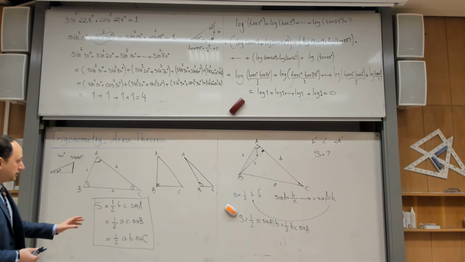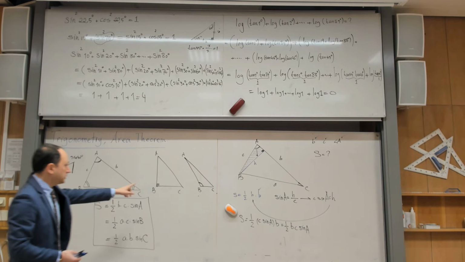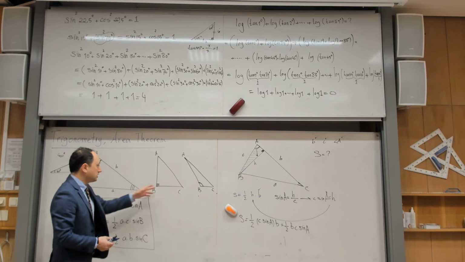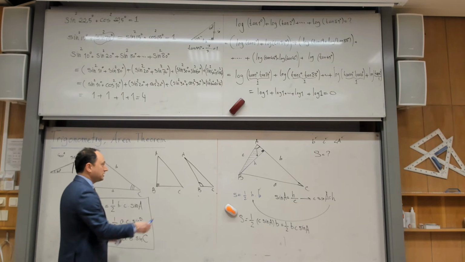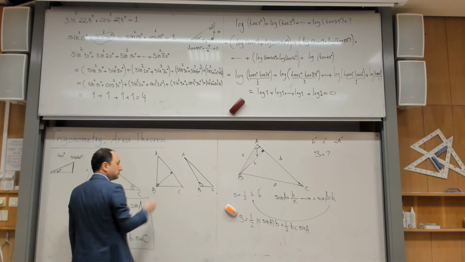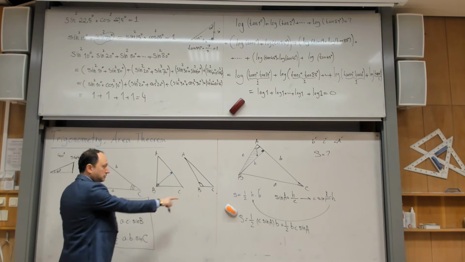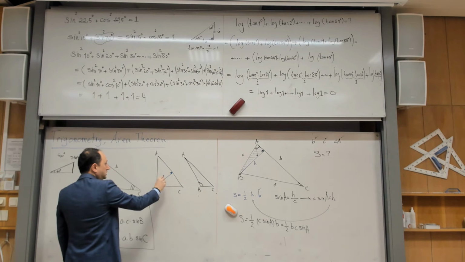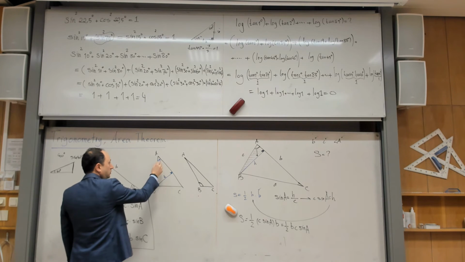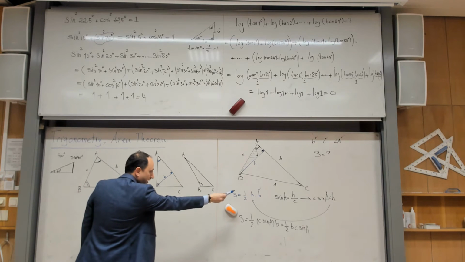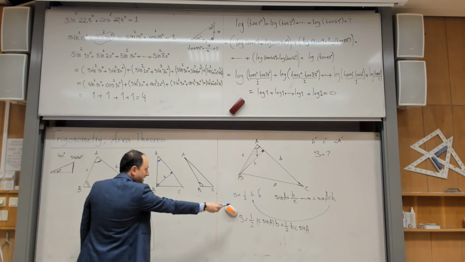Let us check if this formula is also correct for this special case and that special case. For this case, it's also valid. Why? Because I draw this height, and the story remains exactly the same. If you read what I have written here, it is independent.